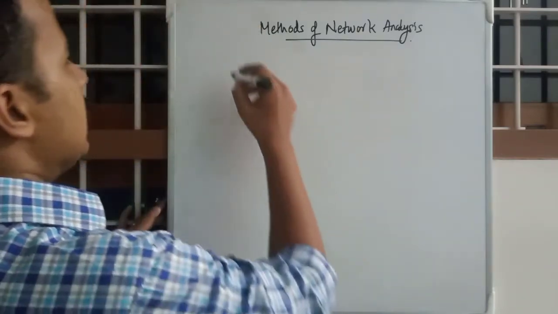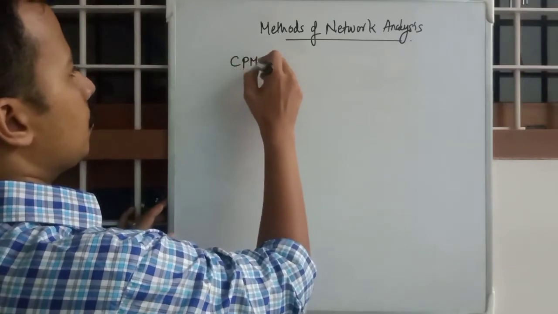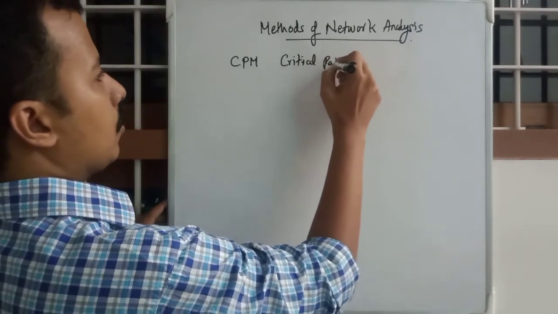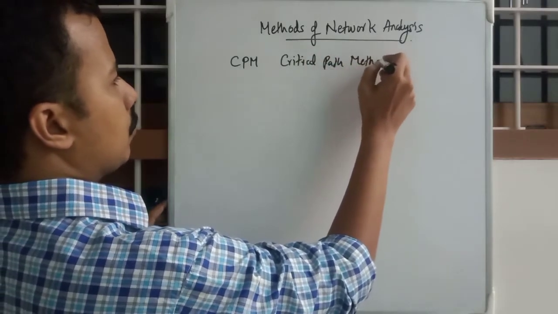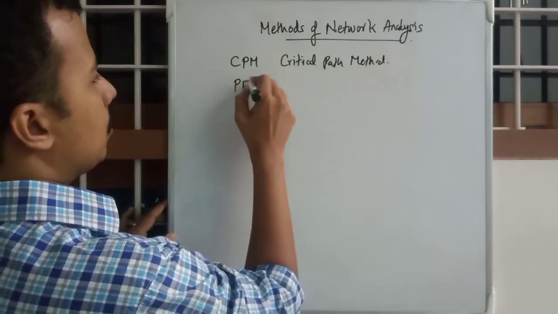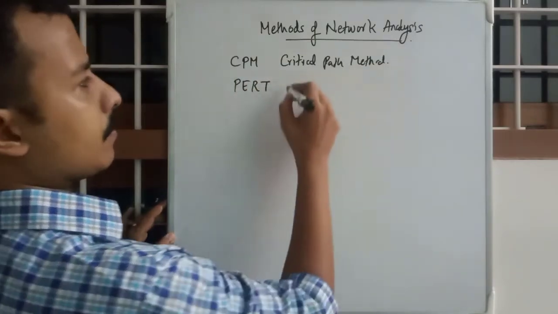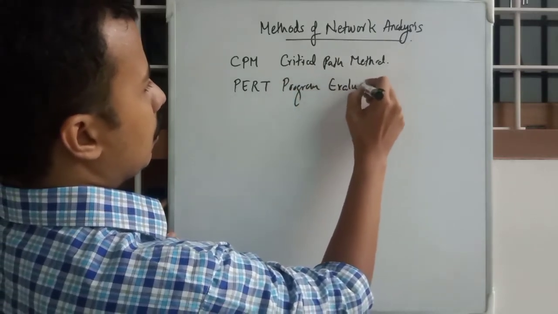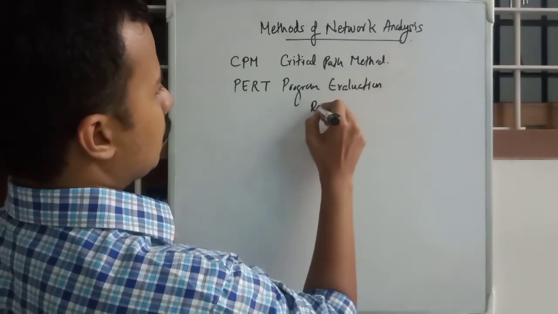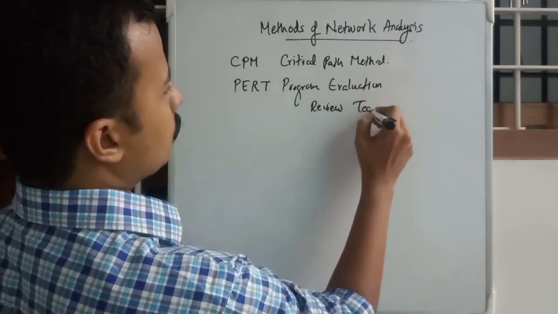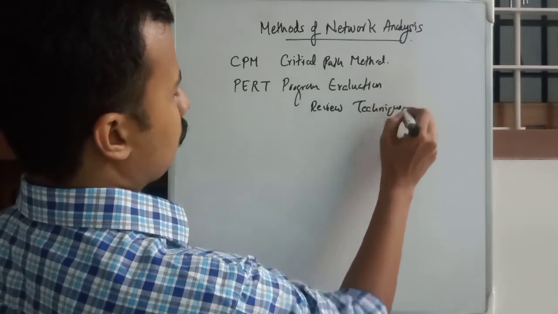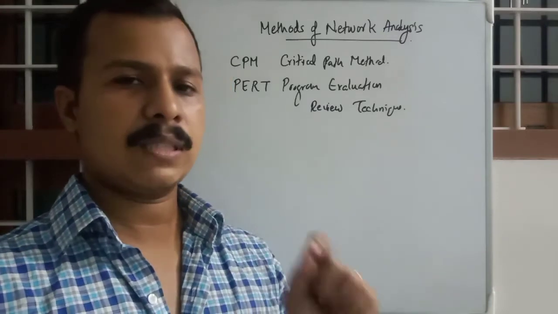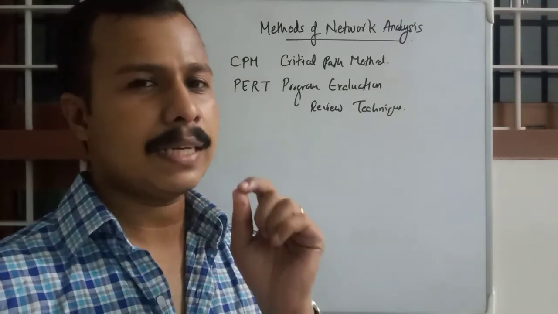They are CPM, that is critical path method, and the second one PERT, that is program evaluation review technique. We use either of these, CPM or PERT, for the analysis of network diagrams.